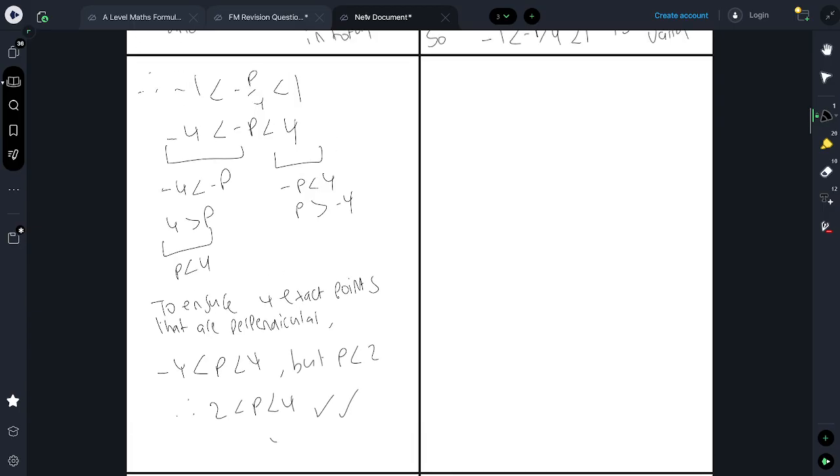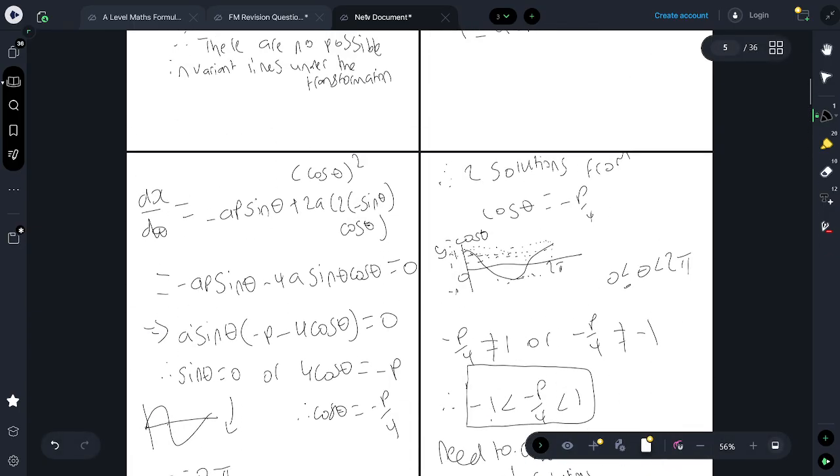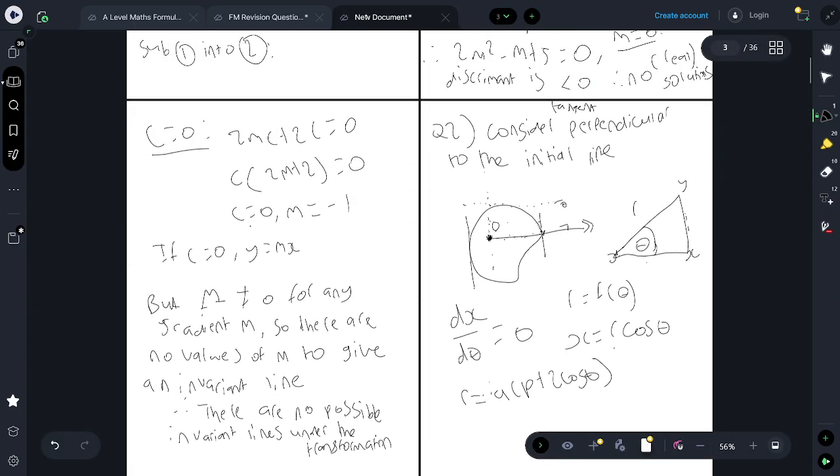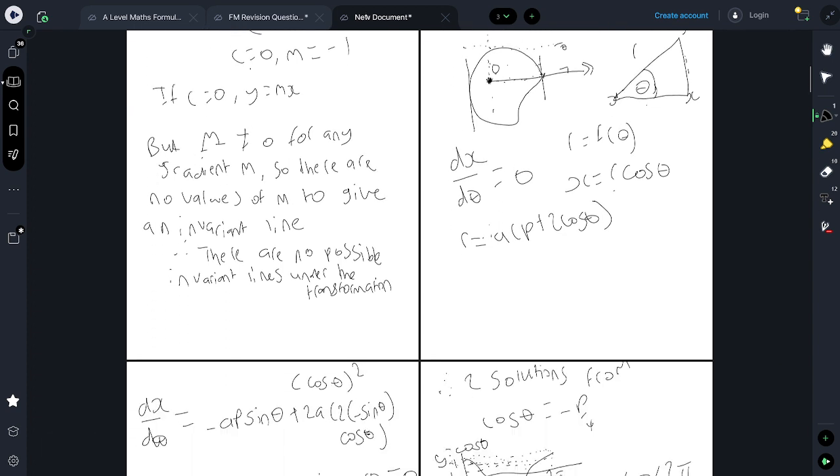And actually, it's very reminiscent of the proof you need to learn for proving when there's a dimple. If you have the form p plus q cos theta, which is what we've got here, you have a dimple if the modulus of p over q is less than 2, so p has to be less than 2q.